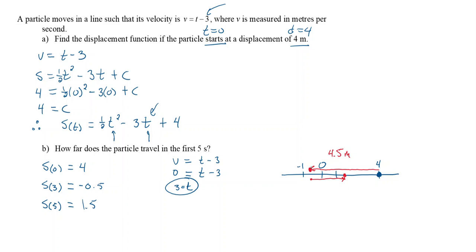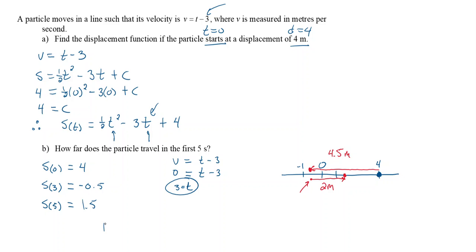Now be careful here, because at this turning point we were at negative 0.5, and I went to the marker of 1.5. So this is actually 2 meters from there to there. Hopefully that makes sense.